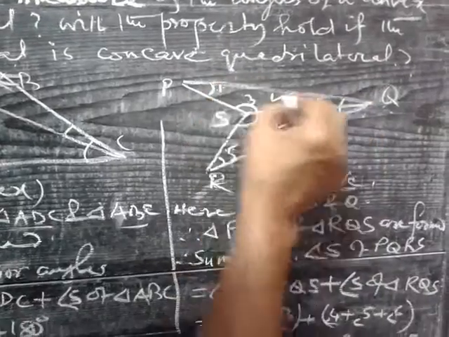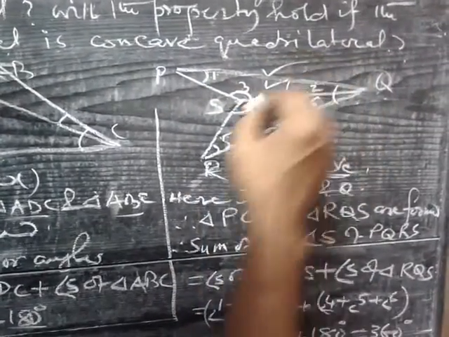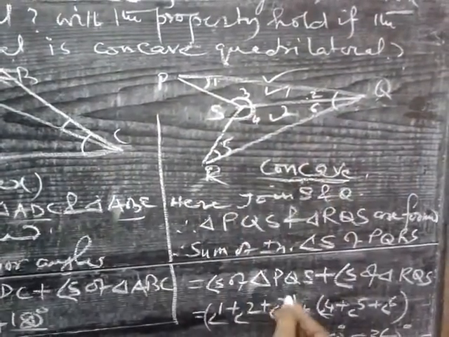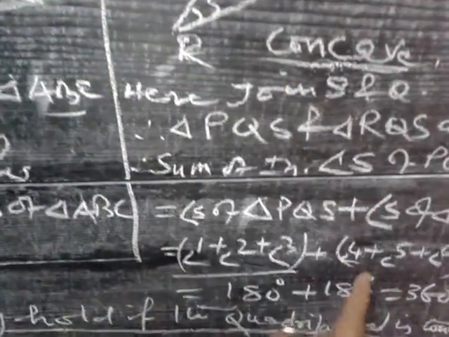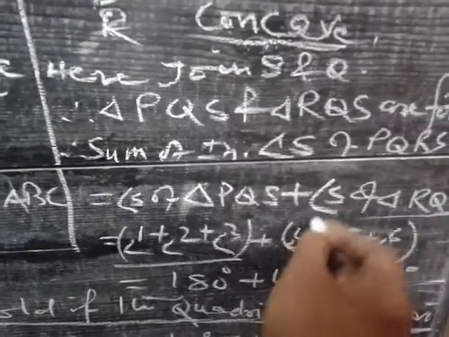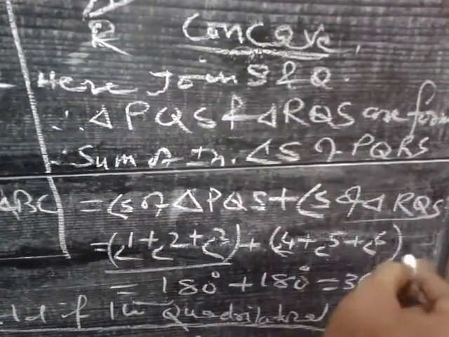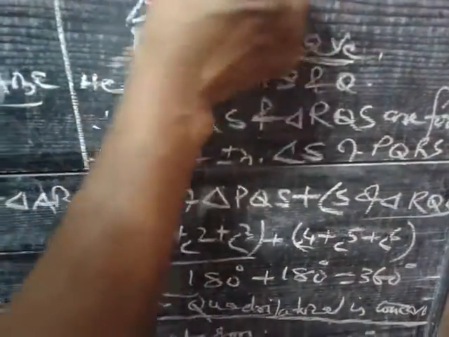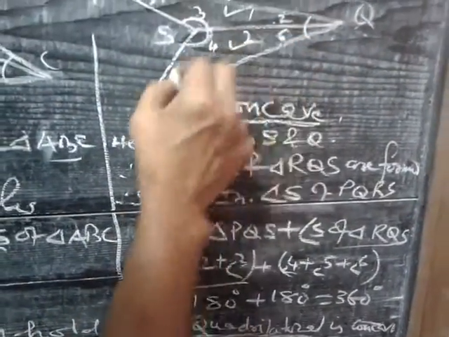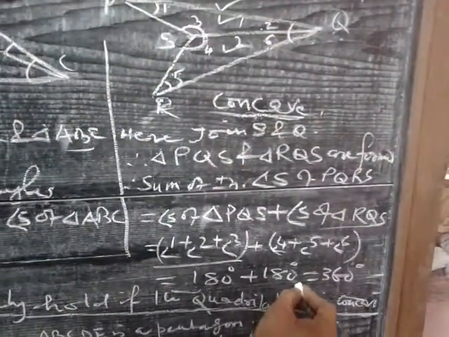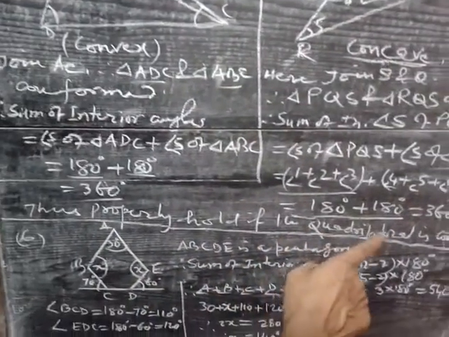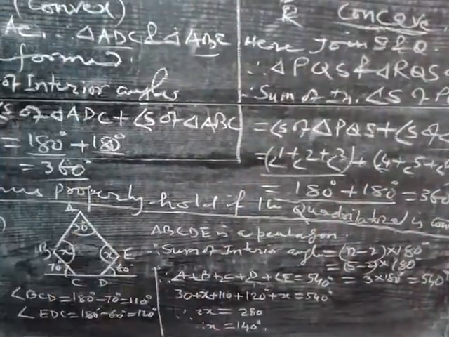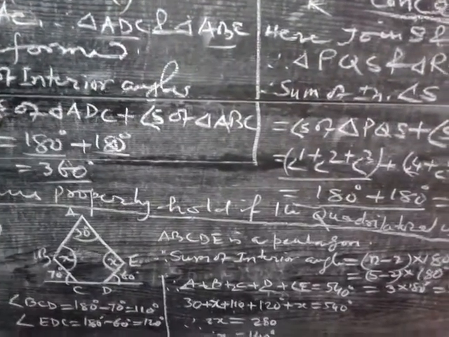The sum of the angles 1, 2, 3 of PQS is 180, and the sum of the angles 4, 5, 6 of RQS is also 180. So the total is again 360. Thus the property holds even if the quadrilateral is concave or non-convex.